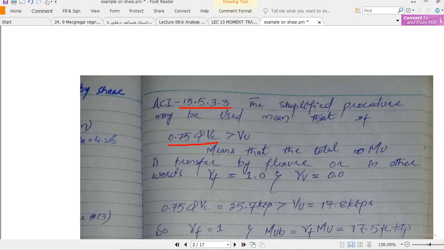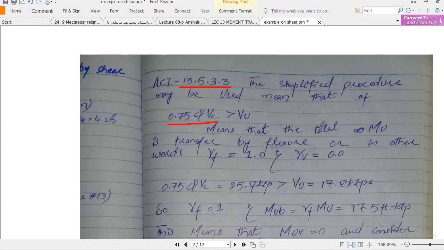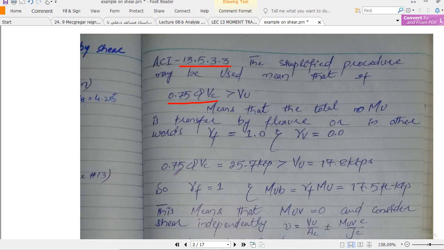So what is the simplified procedure? For example, when we multiply 0.75 to phi Vc, we got 25.7, which is more than 17.8. That is why the ACI code allows us to use the simplified procedure.